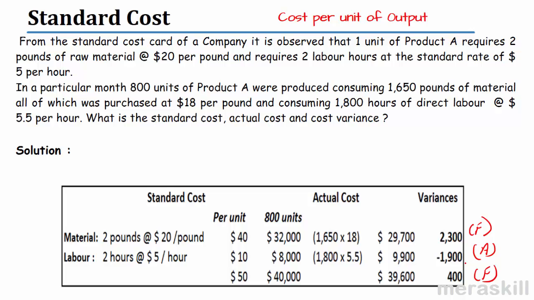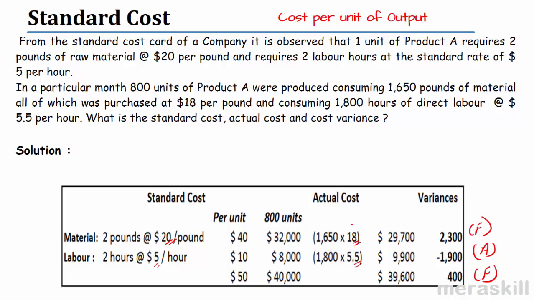Yes or no? It's probably because of the rate variance. For material, the standard rate was 20, whereas here it was only 18. But as far as the labor rate was concerned, the standard is 5 per hour, but actually we spent 5.5 per hour, 0.5 more per hour.